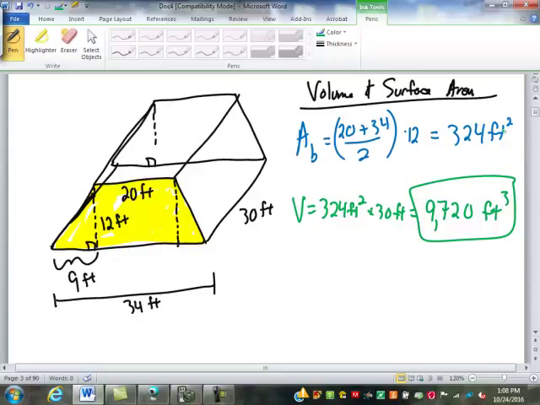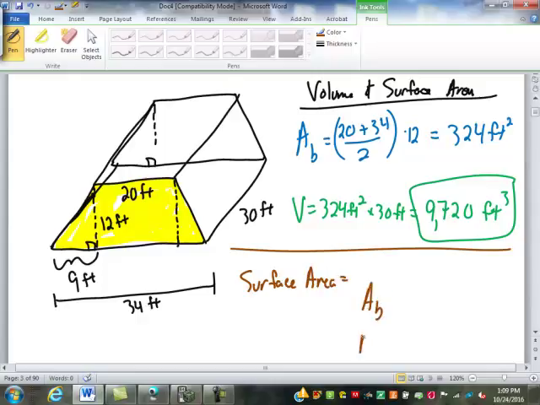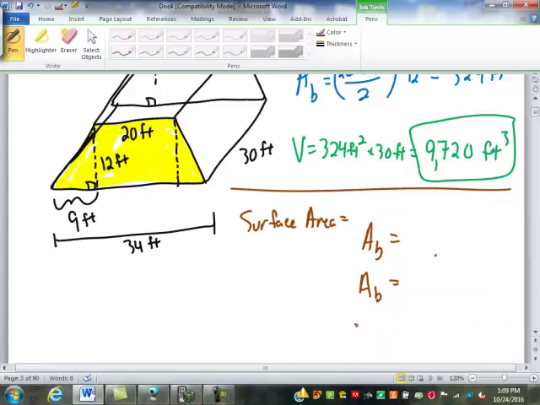Correct. So for surface area, it is area of the base plus area of the base plus lateral area. So area of the base is still 324.